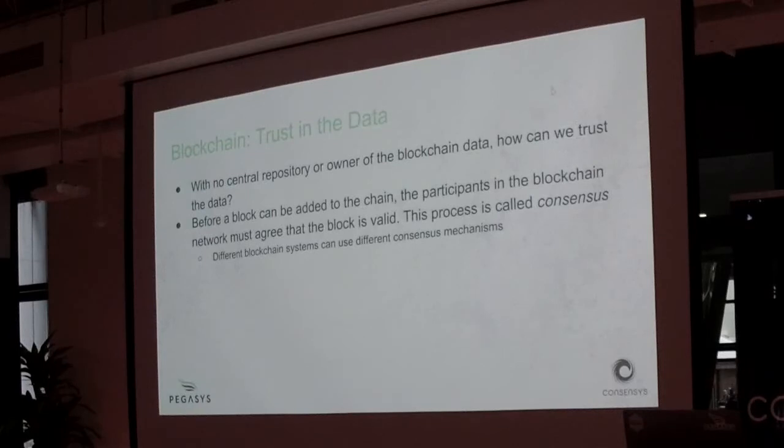Now, different blockchains have different consensus mechanisms, okay? But be that as it may, they all have some sort of process involved so that all the participants can agree that this is a valid block of data and it needs to be added to the chain. Okay, make sense?